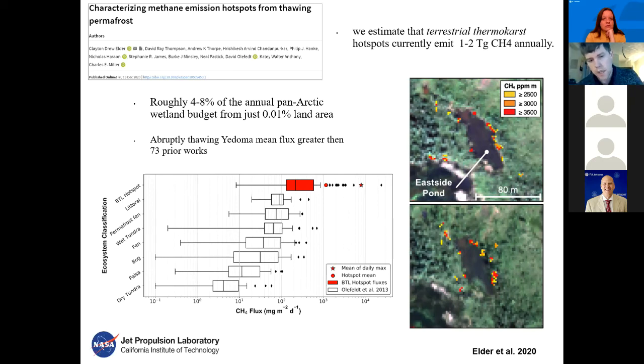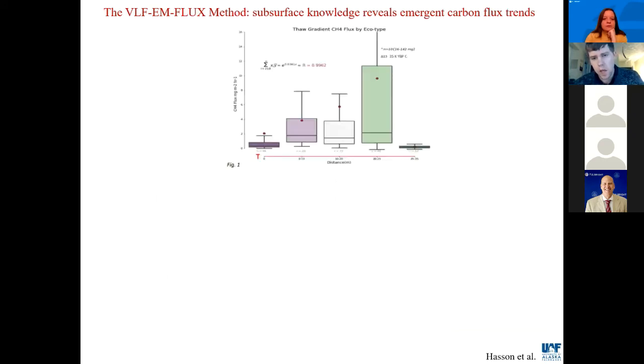And so the Yedoma region in Yakutia and central Alaska is very carbon rich and is emitting a lot of methane. These are the kinds of tools we're using to try to understand the larger contributions. And I just wanted to give you one example of the method I'm developing.